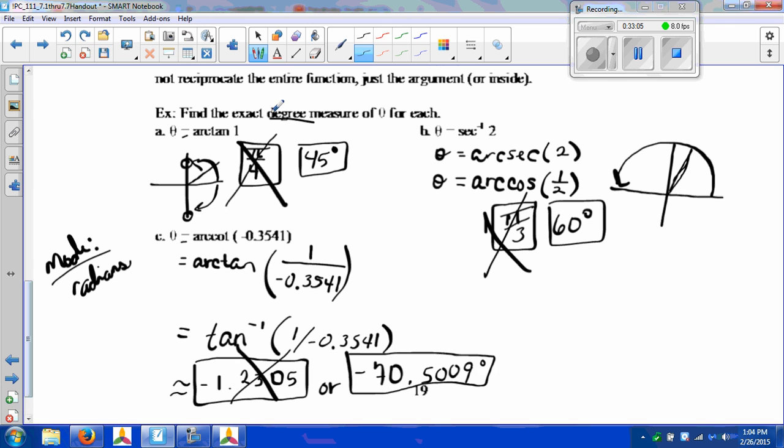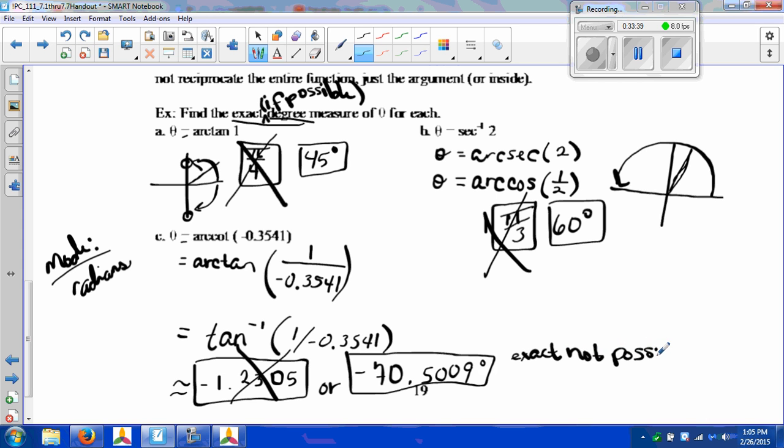Okay, so now it says find the exact degree measure. You can't find the exact degree measure for this one. These you can, because they're nice and on our unit circle. And I wouldn't do this to you on a test or anything. I would say exact if possible, in parentheses, to make sure that you understand that if it's not possible, it doesn't mean that it's not possible to get an answer.